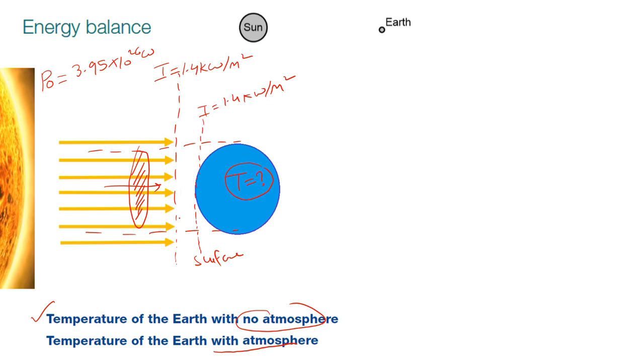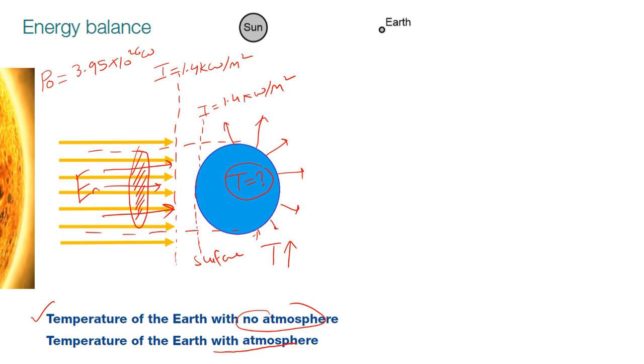Now because of this incident energy, the temperature of the earth starts to increase, and using the Stefan-Boltzmann law, we know that whenever any object has any temperature, it radiates energy across its entire surface area. So there is incoming energy and outgoing energy from the earth. Now at a steady state these two values are equal.